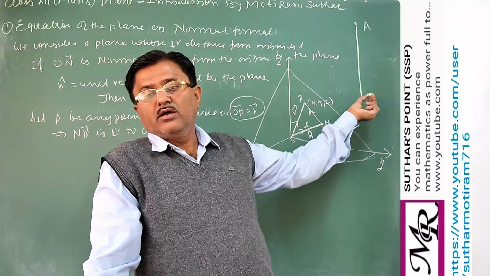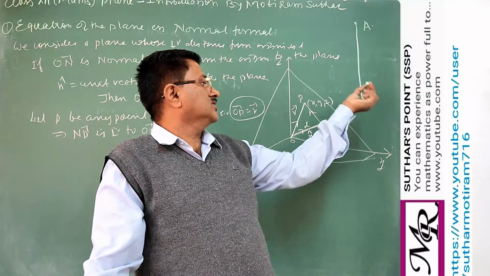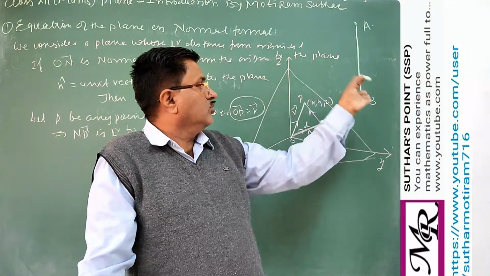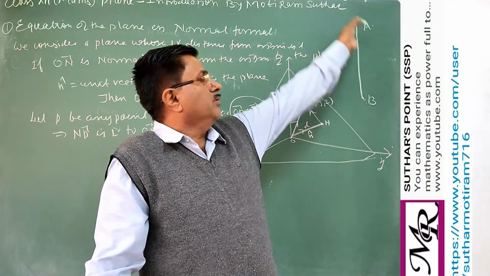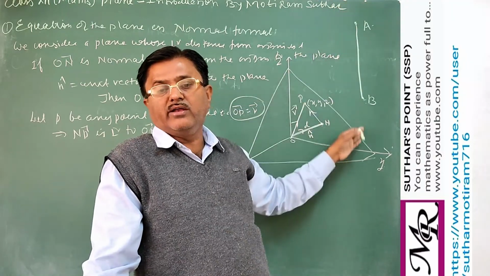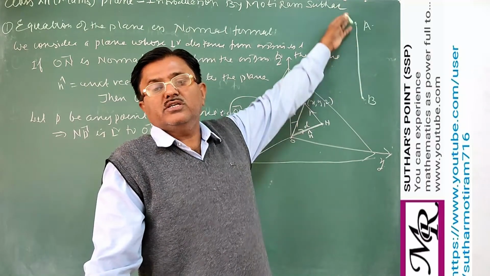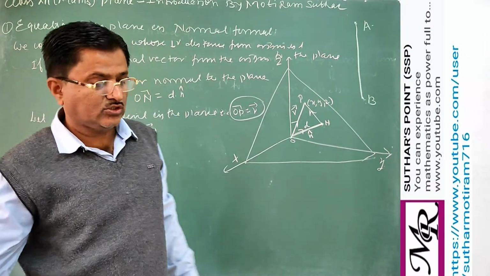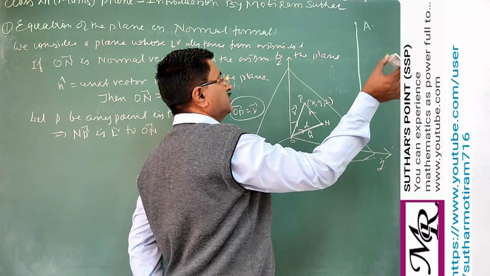Clear? So what we can say? This is a perpendicular to the plane, so it will be perpendicular to every line or vector which is inside the given plane, like AB. Like this duster is perpendicular at this point.